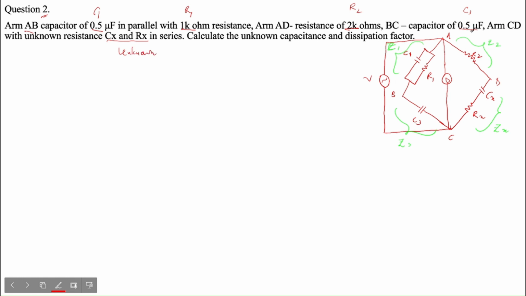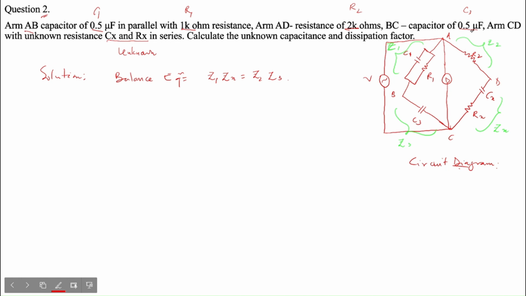To find the solution, we are going to use this circuit diagram. From this circuit diagram, we get the balance equation. The balance equation for this circuit diagram will be Z1 Zx is equal to Z2 Z3.